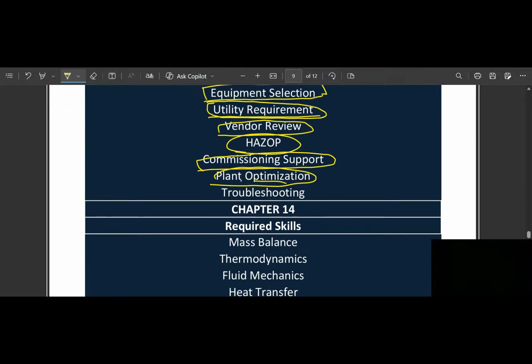If any problem occurs in the plant, we should be able to resolve it. Maybe your plant pump is getting cavitation, your heat exchanger is not delivering the right temperature, or there is a pressure drop, low flow, or low temperature. We are responsible for resolving that problem.